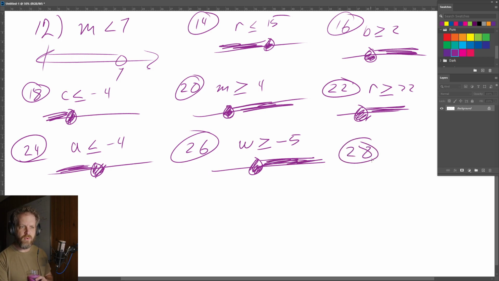28 would have been x is less than or equal to 5. Would have been a filled in circle shaded to the left. 30 would have started with 2n is greater than n plus 9.